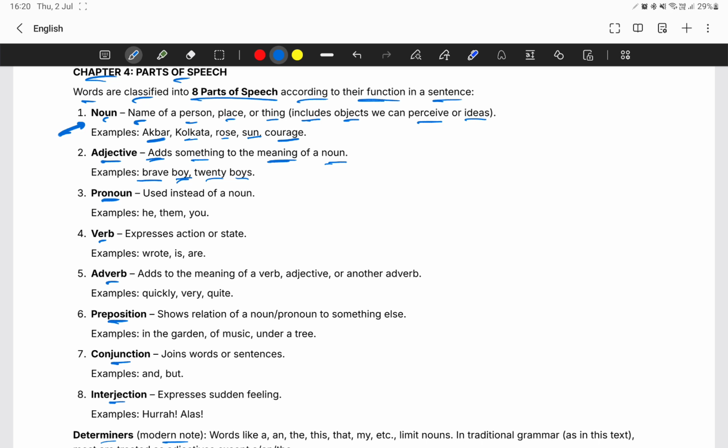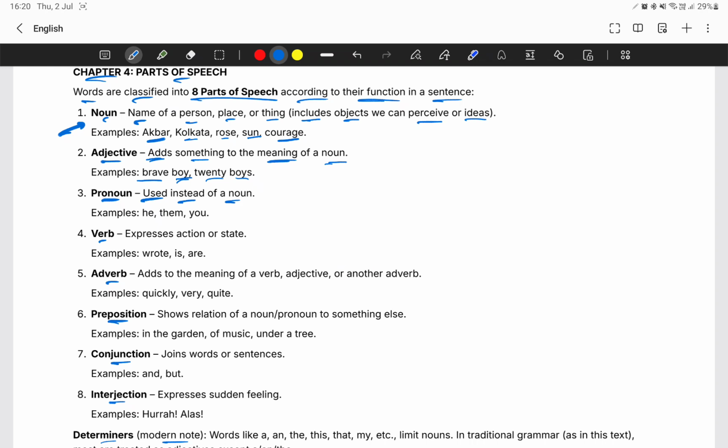Next, pronoun. Pronoun is used instead of a noun. So we cannot use Akbar again and again, and Ramesh again and again. Let's suppose you're writing a story and you are using Ram again and again, Sita again and again, Lakshman again and again. Somewhere it's going to be boring.